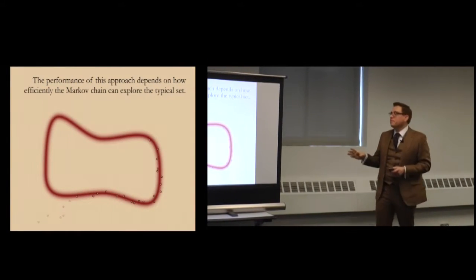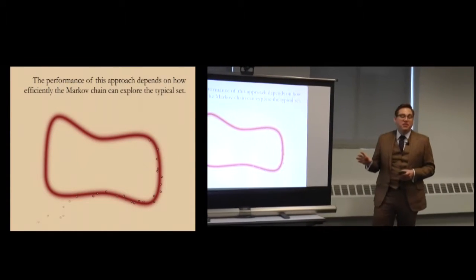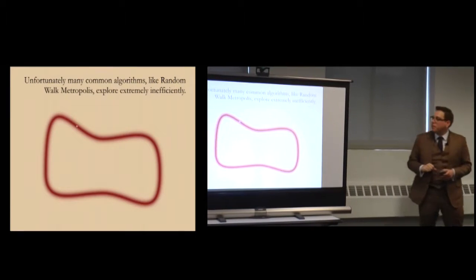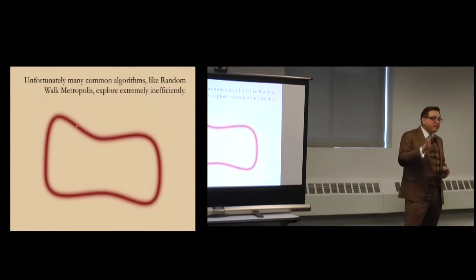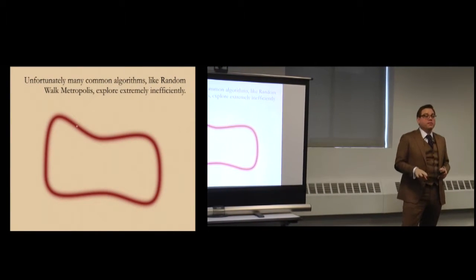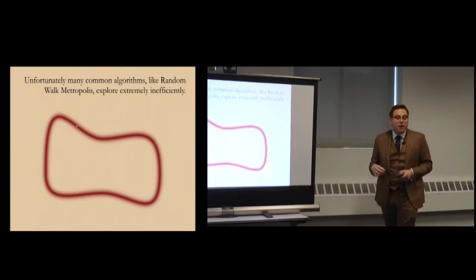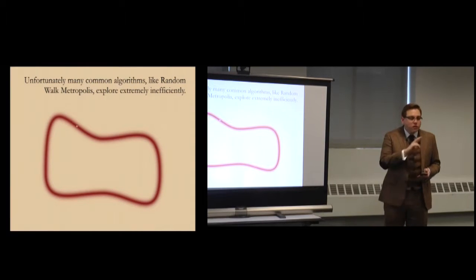Now, unfortunately, most MCMC algorithms suffer from exactly this problem, right? As an example, I'm going to consider random walk Metropolis. This was literally the first MCMC algorithm, and today it's still one of the most popular. And one of the reasons for its popularity is its simplicity. It's just 2 steps, right?